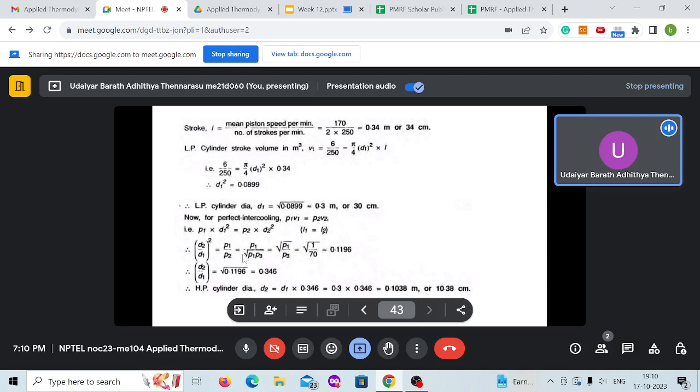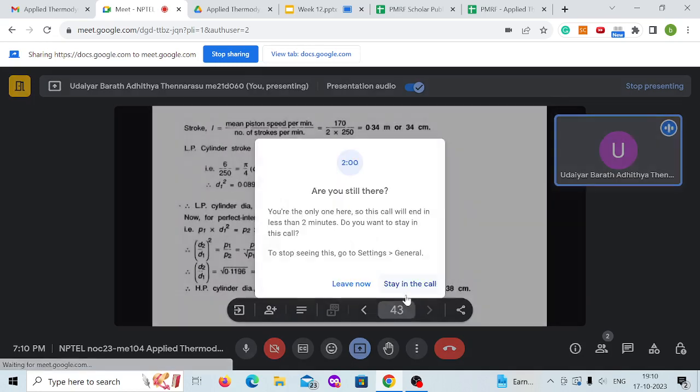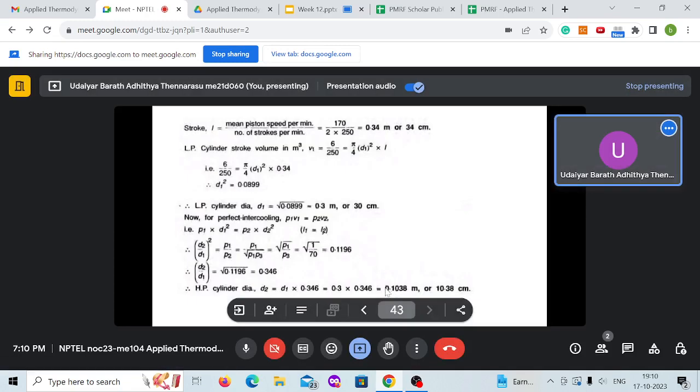P2 is nothing but root of P1 P3, the intermediate pressure. So this is root of 1 by 70, which will come out to be 0.1196. So D2 by D1 will come out to be 0.346, or the high pressure cylinder diameter will be 0.346 times D1, which will come out to be 0.1038 meter or 10.38 centimeter.